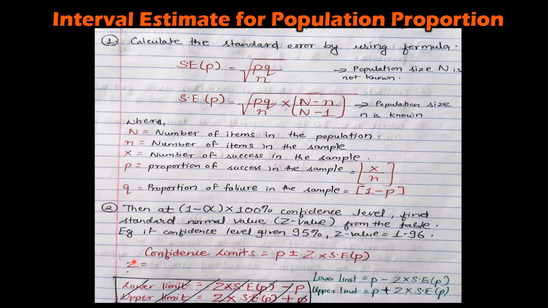And the third and last step is to find the confidence limits, which are obtained by the following formula. The lower limit will be given by P minus Z into standard error of P, and the upper limit will be given by P plus Z into standard error of P.